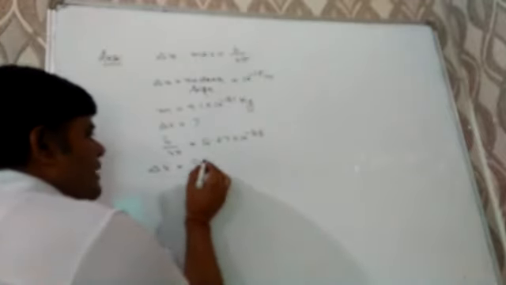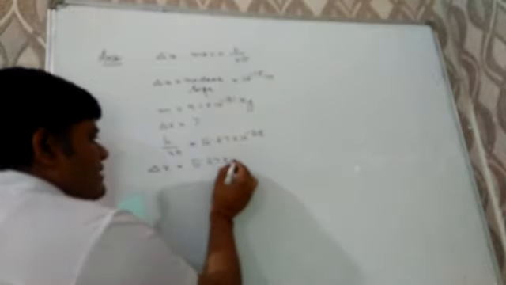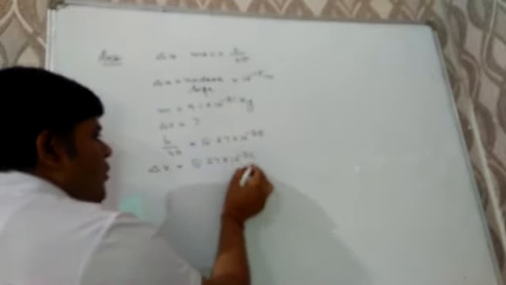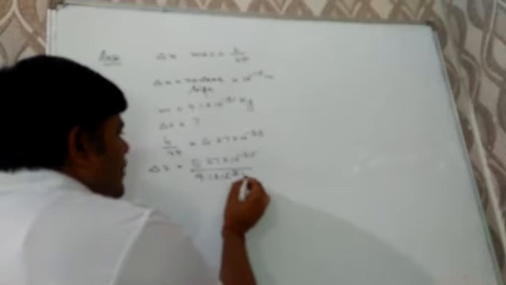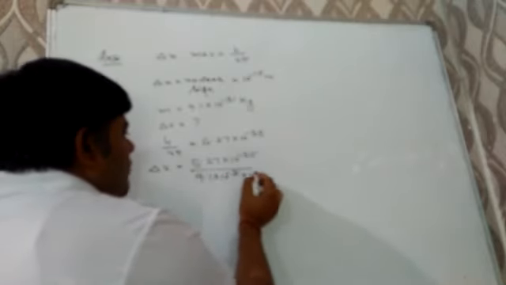Putting these values in this relation, we will get delta v equal to 5.27 into 10 to the power minus 35 over 9.1 into 10 to the power minus 31 into 10 to the power minus 15.